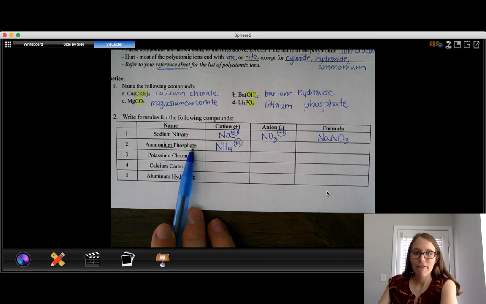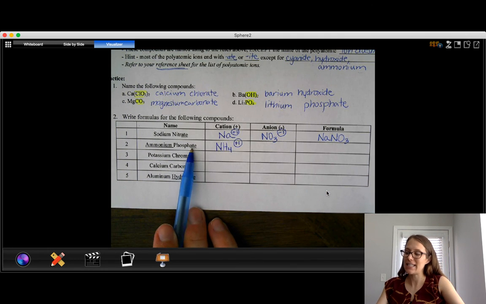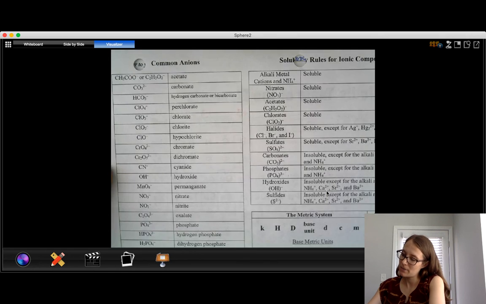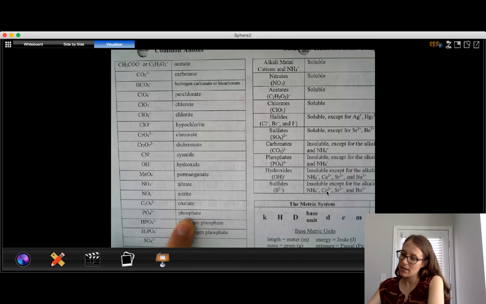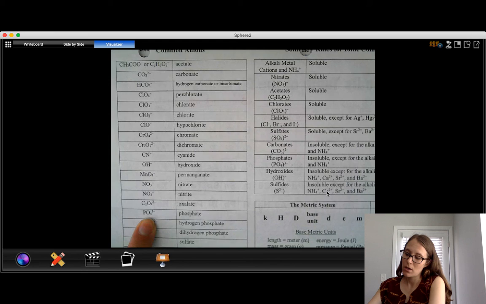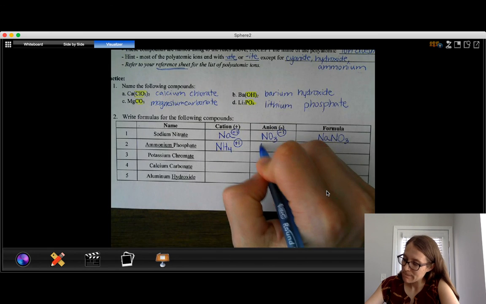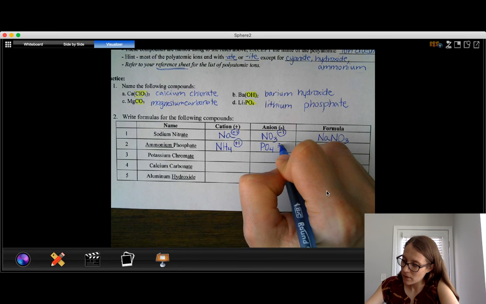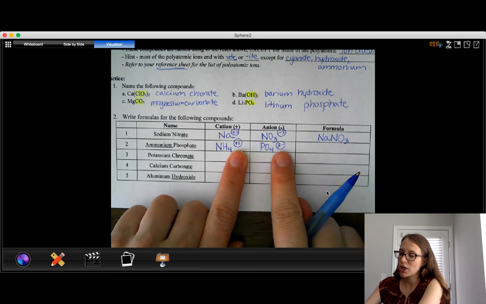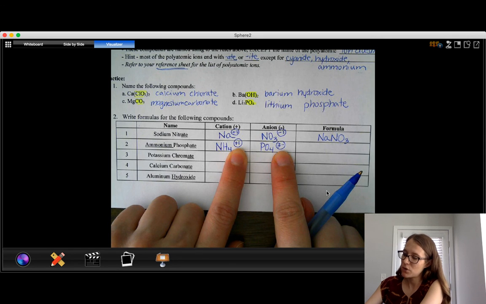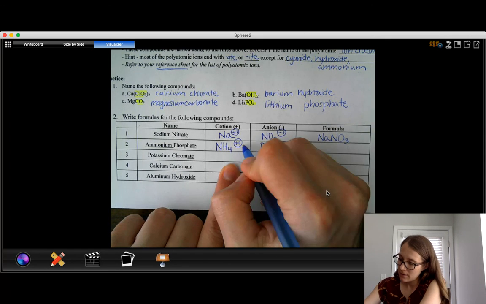And then phosphate, when it ends with ATE, that tells me to look it up again. So I see phosphate right here. That's PO4 with a charge of 3-. I'm going to look at those charges, and I see they are not the same, so this is going to be a crisscross.